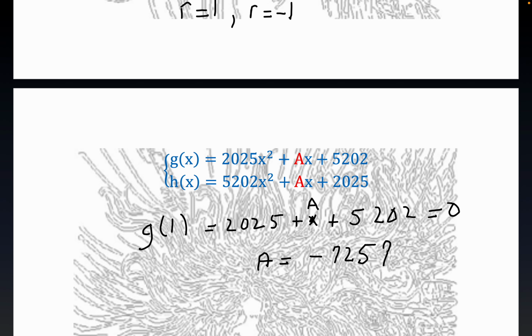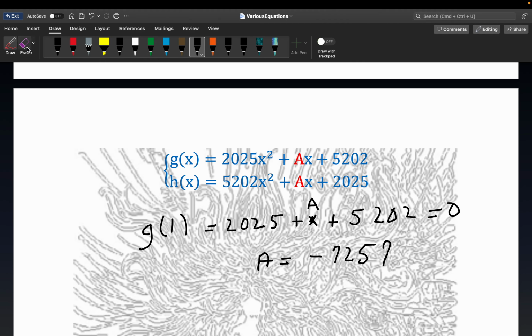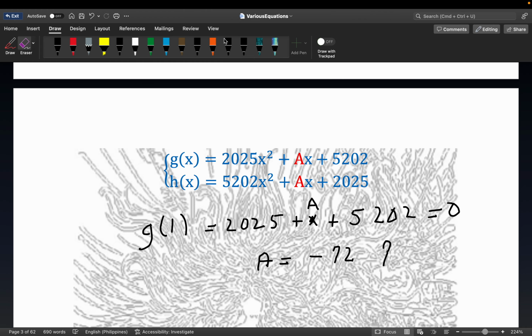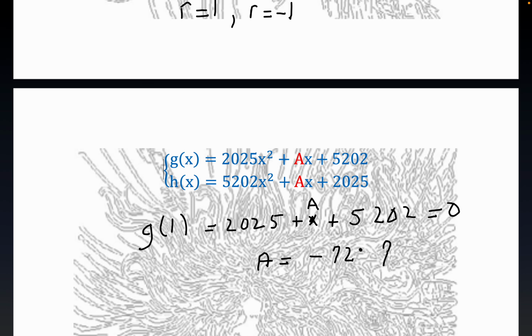And then 202 plus 25, that's 227. Sorry. Again, I'm just checking the arithmetic here. Bring them to the other side, they become minus. And then 202 plus 25, you get 7227 there, right?